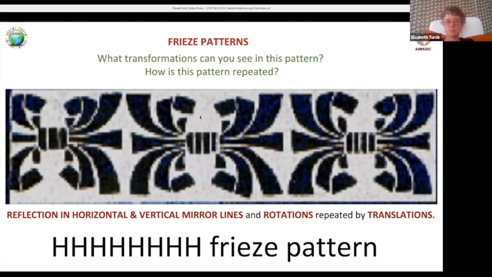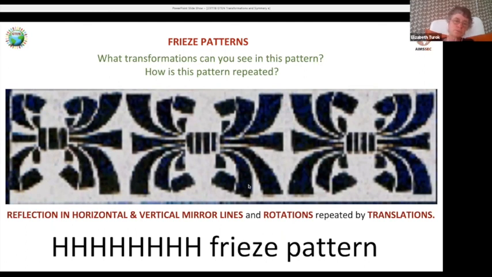It can be reflected horizontally, so the top goes reflected to the bottom to give the bottom half. And it also is reflected in a vertical mirror line, and this left half is reflected to the right half.